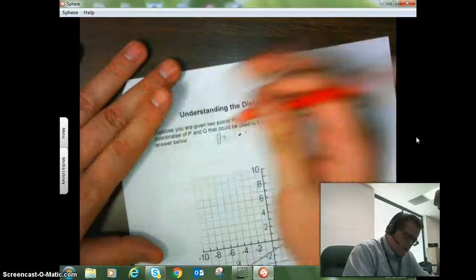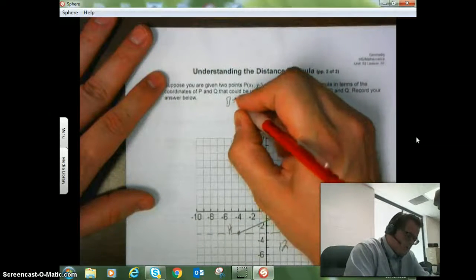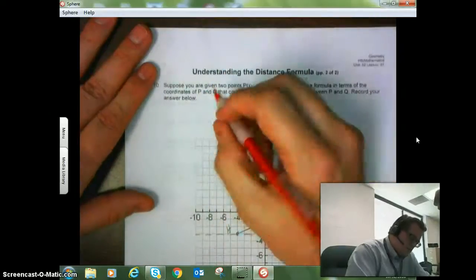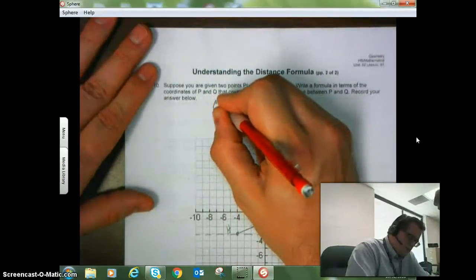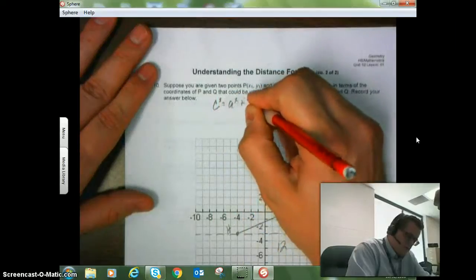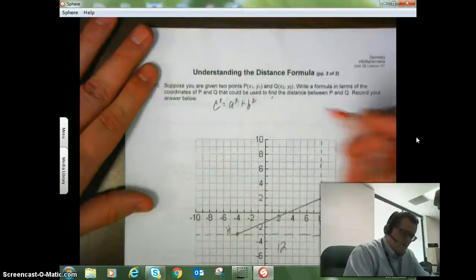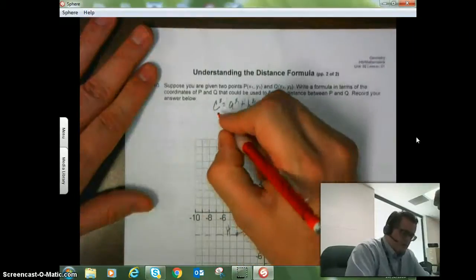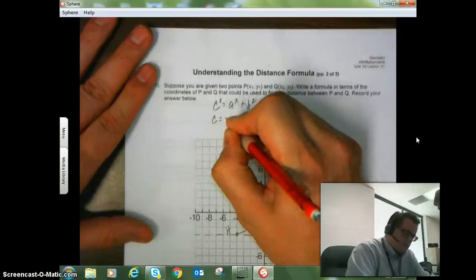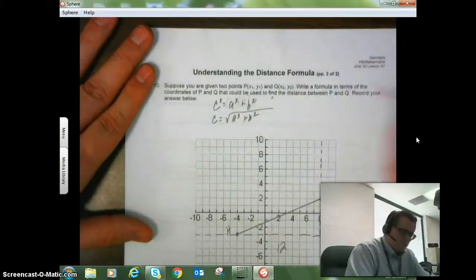The distance formula is really allowing us to create a right triangle here. And for the right triangle, the hypotenuse squared is equal to the sides squared, a squared plus b squared. In this case, when we did the Pythagorean Theorem, we had to take the square root of both sides. So when I take the square root of both sides, I get c is equal to the square root of a squared plus b squared.